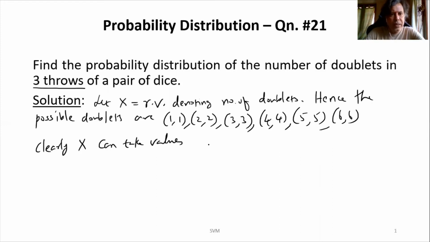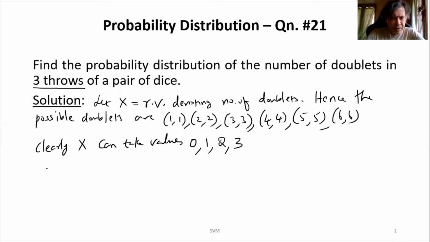In all the 3 throws, we don't get any doublets, so that means it is 0. Among the 3 throws, in one of the throws we may get a doublet. In 2 of the throws we may get a doublet. In all the 3 throws we may get a doublet. So 0, 1, 2, 3 are the values which x can take.